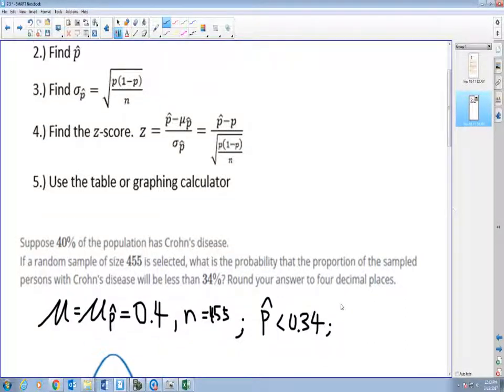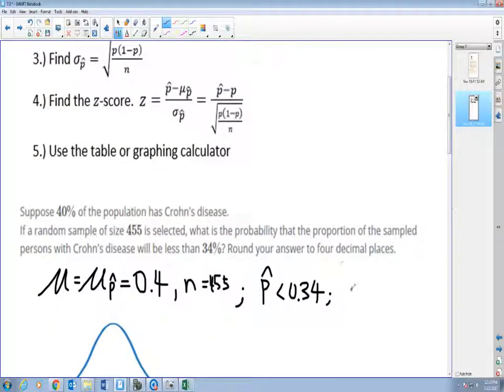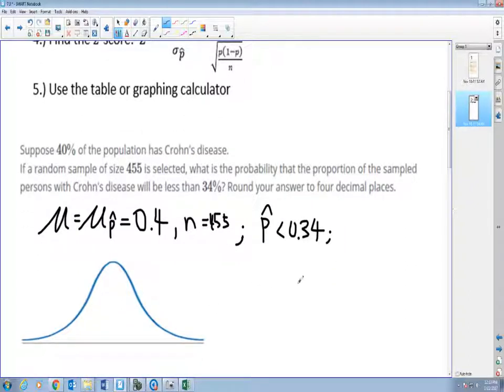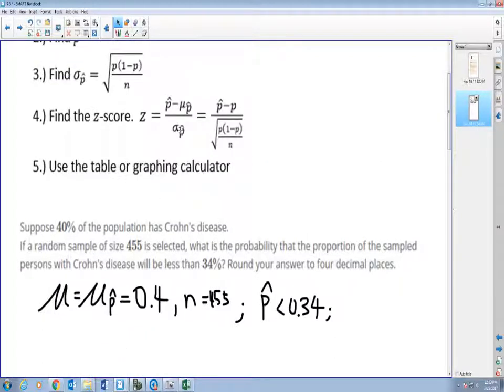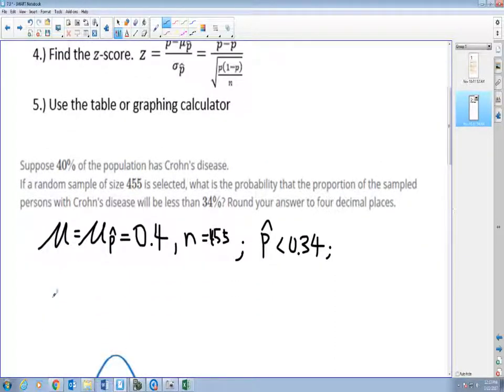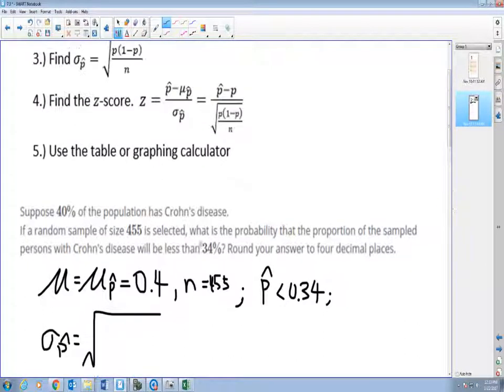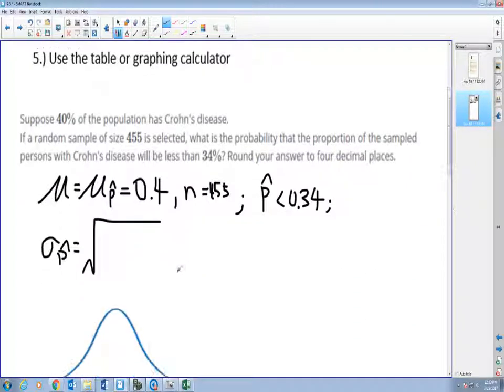All right, so the sigma of p hat, right down here. If you just look at the formula up here, the sigma of the p hat will just be the square root of my population proportion p, which is 40%.